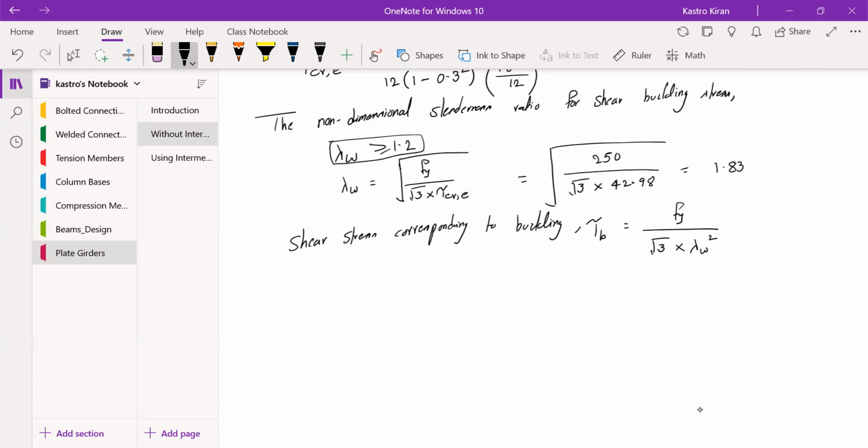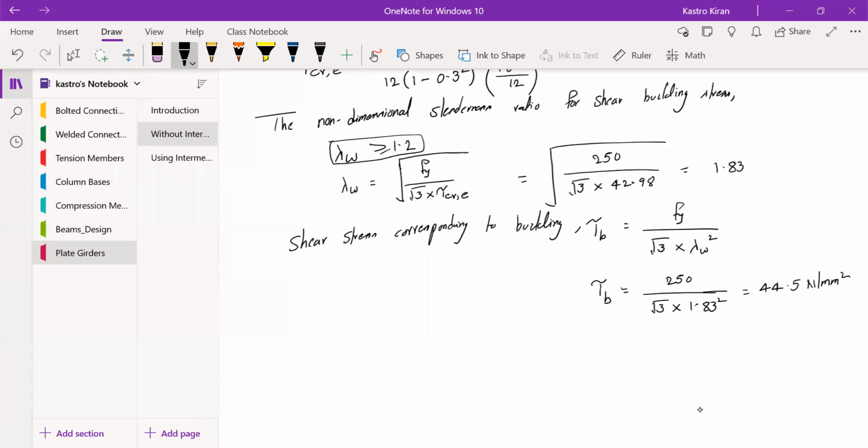This formula we know from the simple post critical method. If you solve this, with Fy as 250, root 3, and lambda w as 1.83 square, you will get approximately 44.5 newtons per mm square. You might get 45 or 46, but it will be somewhere around 44 to 45. So this is the shear stress corresponding to buckling.